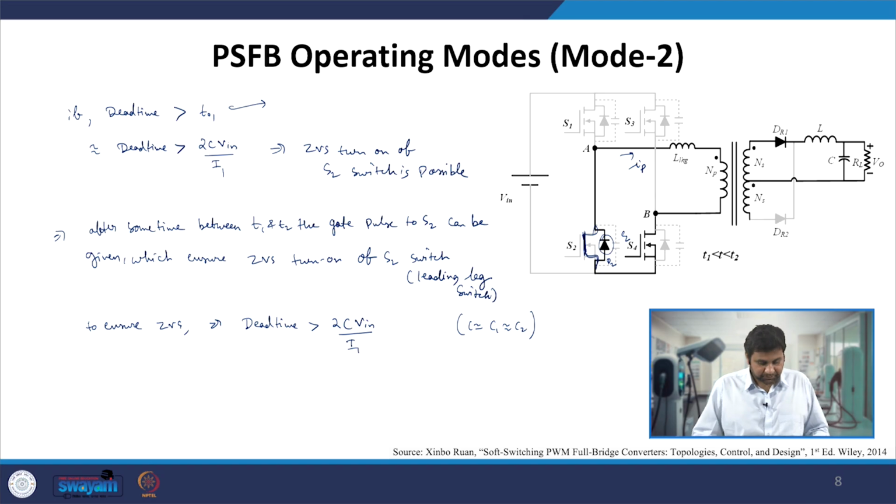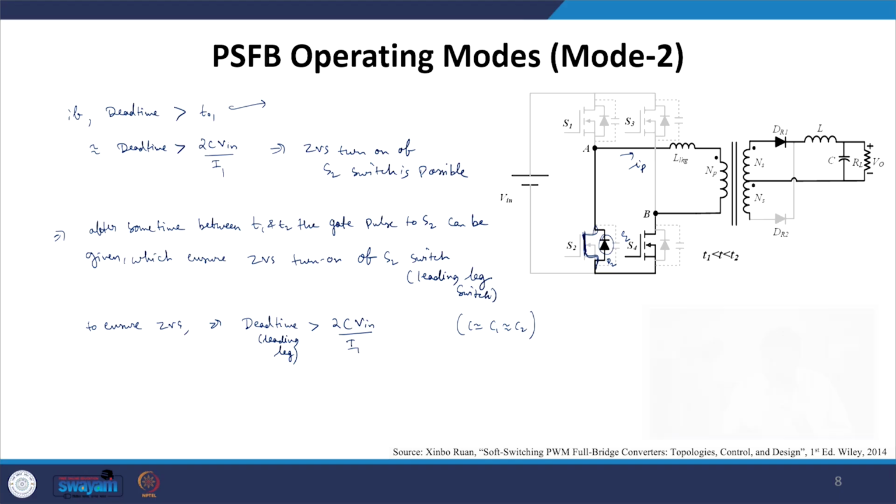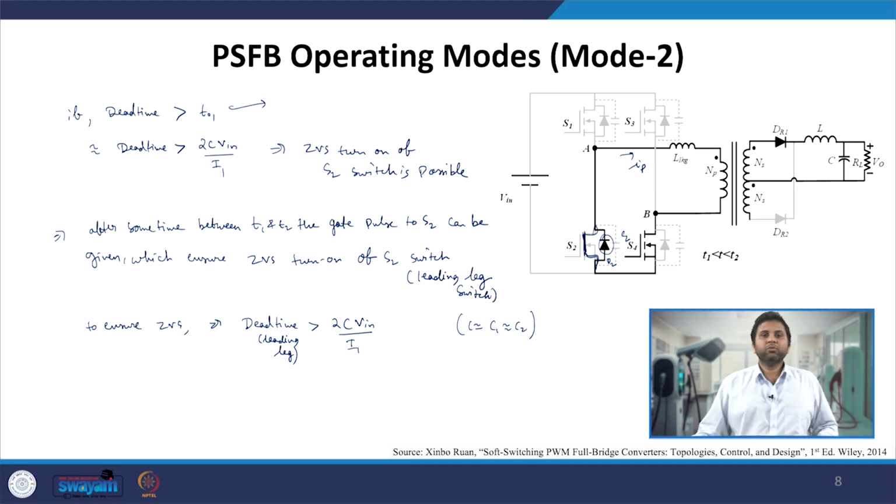And this is the dead time only for the leading leg. We are not talking about switches of the lagging leg. The lagging leg switch S4 is still on. So the dead time for the leading leg has to be greater than 2 C V in by I1, which ensures that this particular thing is happening.